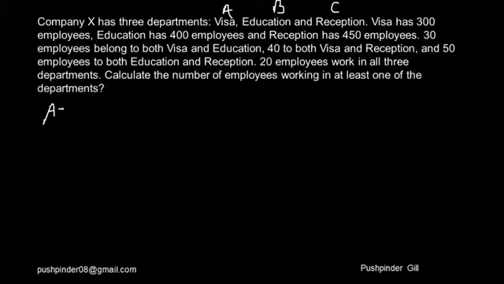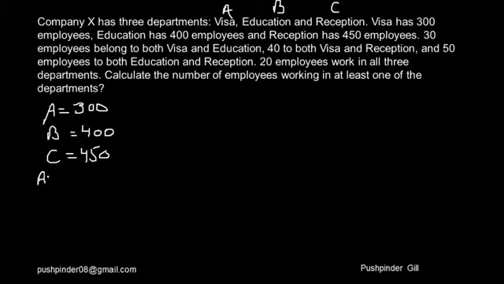That means A is equal to 300. Education has 400 employees. That means B is equal to 400. Reception has 450 employees. That means C is equal to 450.